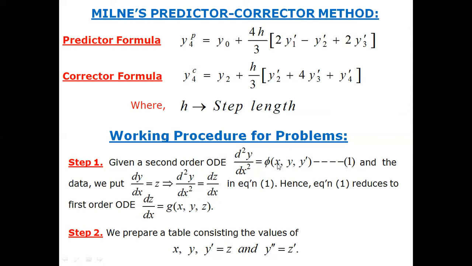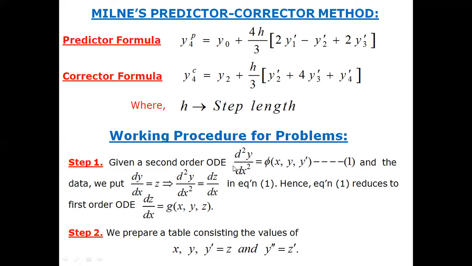When I substitute this in equation 1, d square y by dx square can be replaced by dz by dx, and y dash is equal to z, so this becomes phi of x comma y comma z. This phi is the original relation, but when I use the substitution the equation changes, so I will change the notation and call it g.